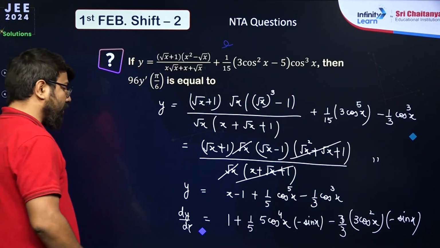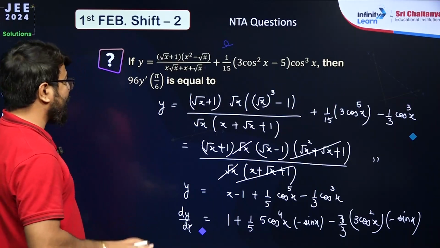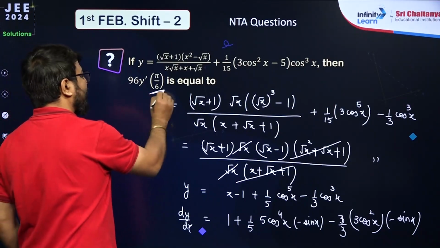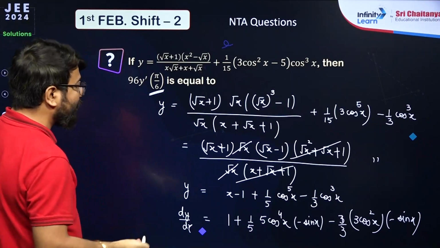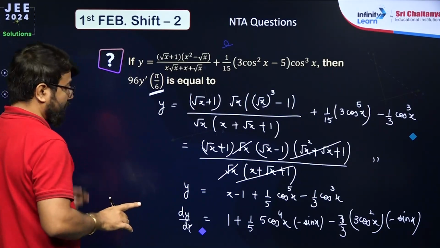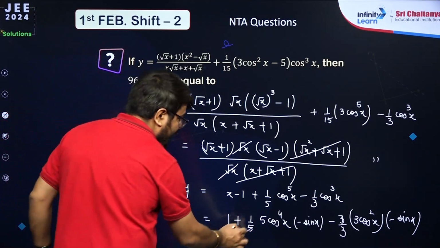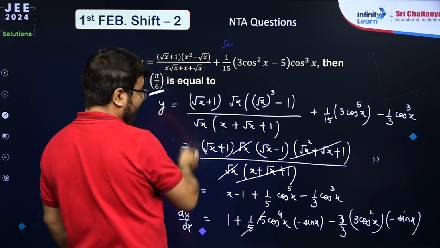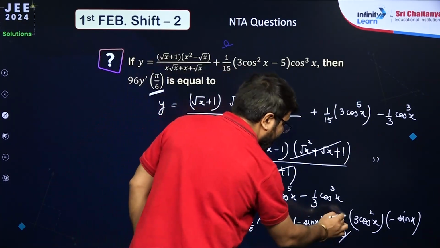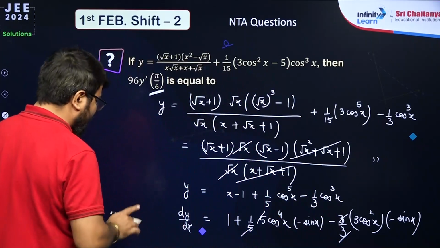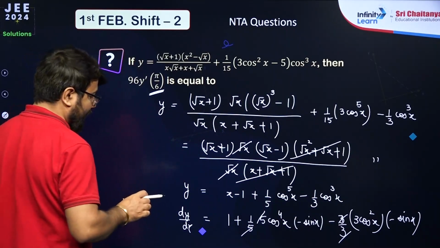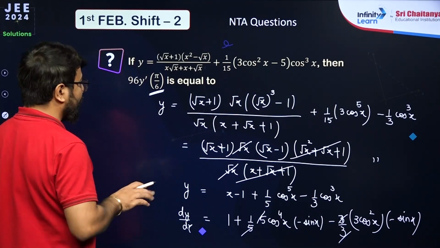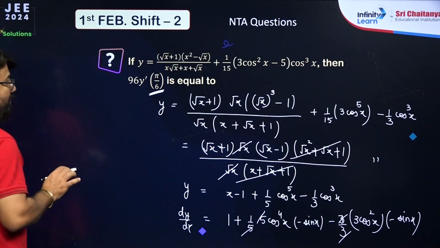Alright. So in this expression, finally, I just want to keep the value of x as pi by 6 and I need to multiply it with 96, that is 96 multiplied with y dash of pi by 6. So finally, if you simplify this expression, my dear students, you will get the answer as 105.